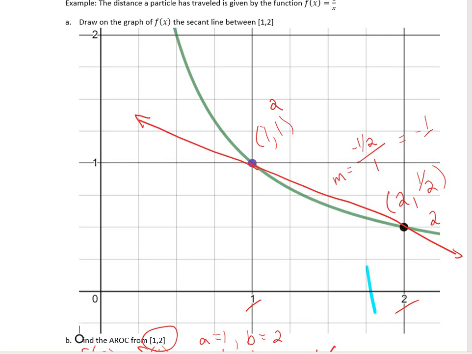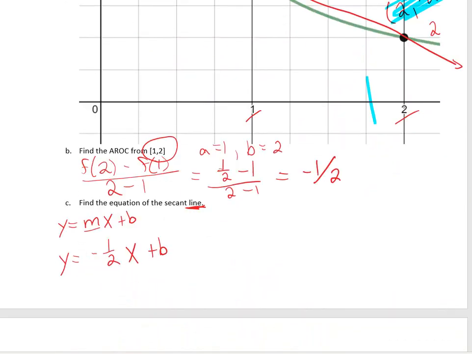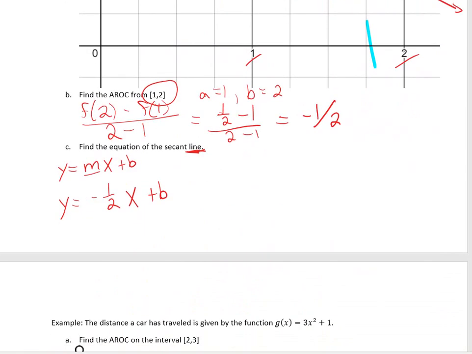Here's the cool thing. It doesn't actually matter which point you choose. So I'm going to choose this point here. Okay, I'm going to plug that in for my x and my y. So my y-coordinate there is going to be 1 half equals negative 1 half times 2, which is my x-coordinate, plus b. Now I've narrowed it down to a single variable and I can solve for b.